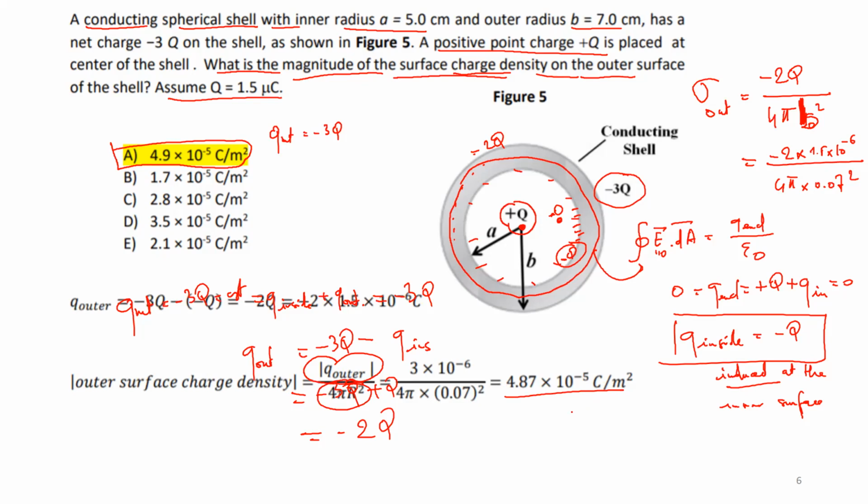Now, what is the magnitude of the surface charge density on my inner surface? So sigma inner will be just Q inner, or Q inside, by inside I mean the charge on the inner surface, divided by 4 pi a squared, because this is the area of my inner surface.